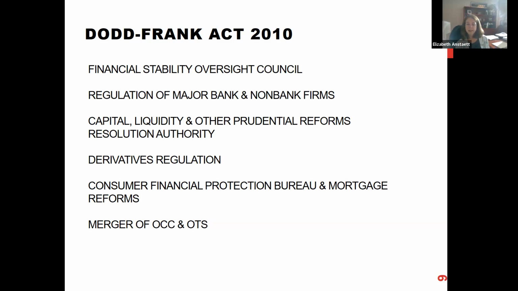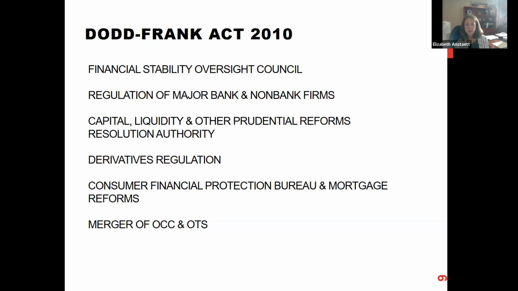And it said that if there were really large non-bank firms, which could be an insurance firm or an underwriting or a securities firm, the Federal Reserve Board could look at them in depth in the same way that they look in depth at banks. In reality, no one wants to be in that place, and any companies that have fallen into that category have taken steps to get out of that category, but it is still there and it's in the law.